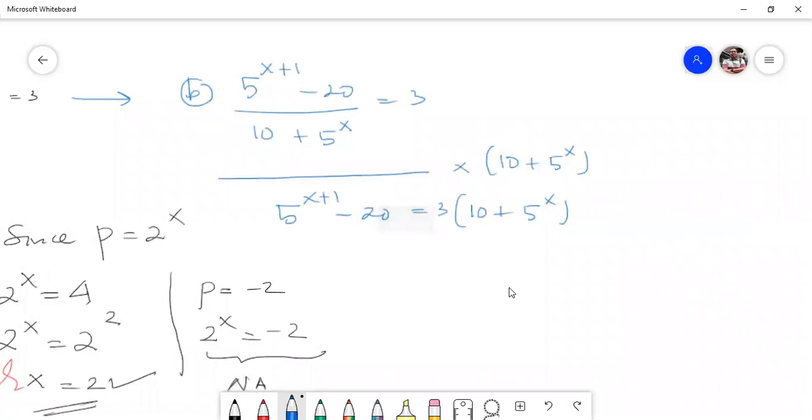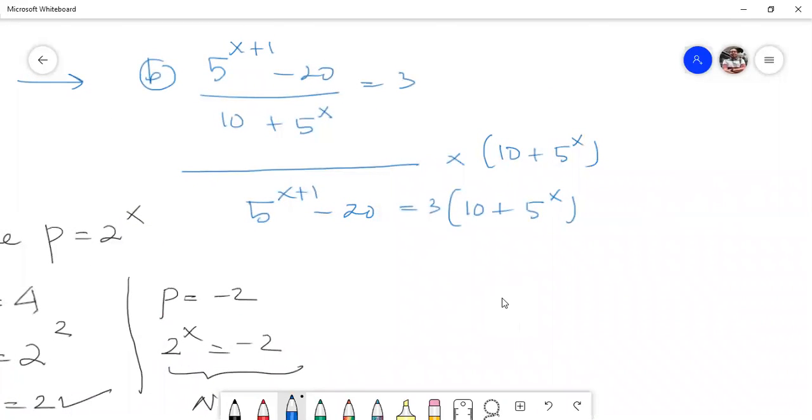Now here we go. Then 5 to the power x plus 1 minus 20 equals 30 plus 3 times 5 to the power x. You cannot multiply 3 with 5 directly since this is exponential, so just make it 3 times 5 to the power x.